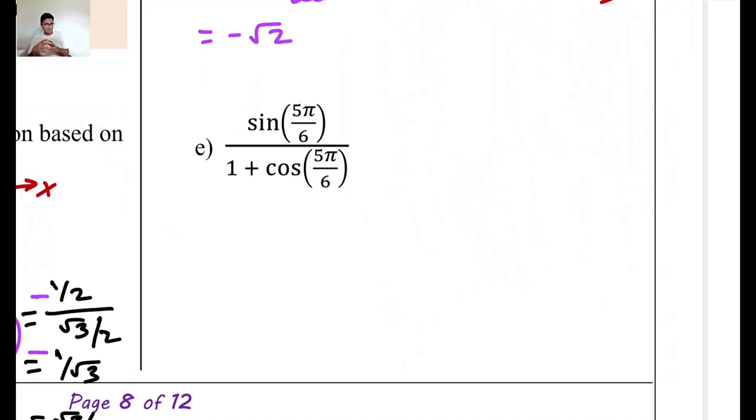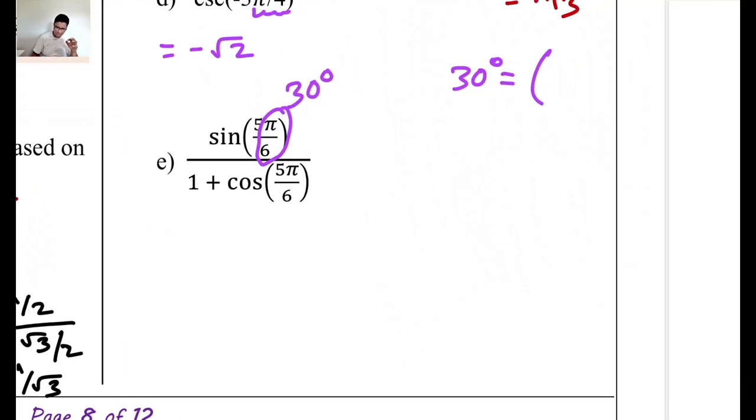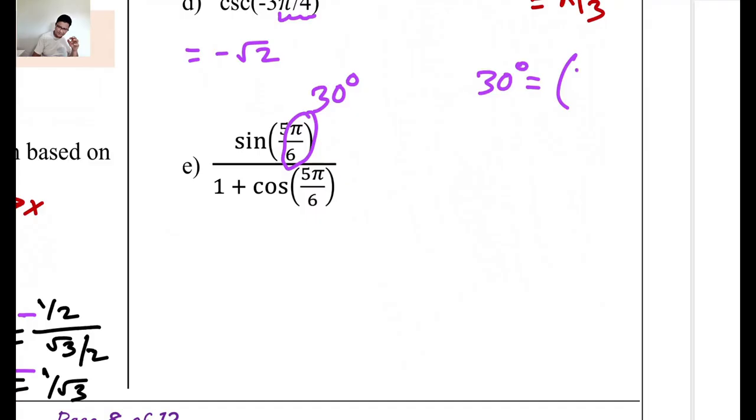Sine 5 pi over 6. Now you have to think in terms of the pi over 6 fragments, which is 30 degrees. 5 of them, so 150 degrees. You are in the second quadrant. The coordinates of 30 degrees are root 3 over 2, 1 over 2.